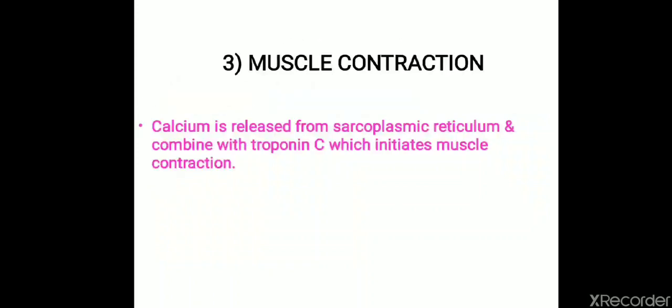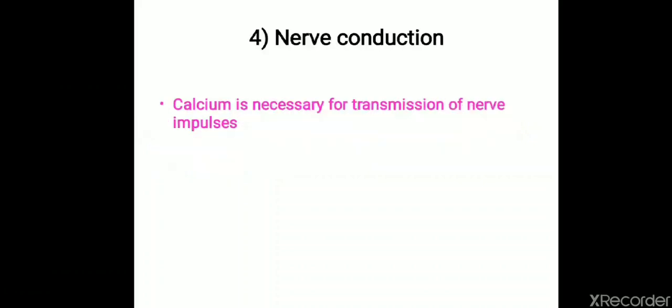The third function is muscle contraction. During muscle contraction, calcium is released from the sarcoplasmic reticulum and binds with a muscle protein, troponin C, and that process initiates muscle contraction. The next function is nerve conduction.